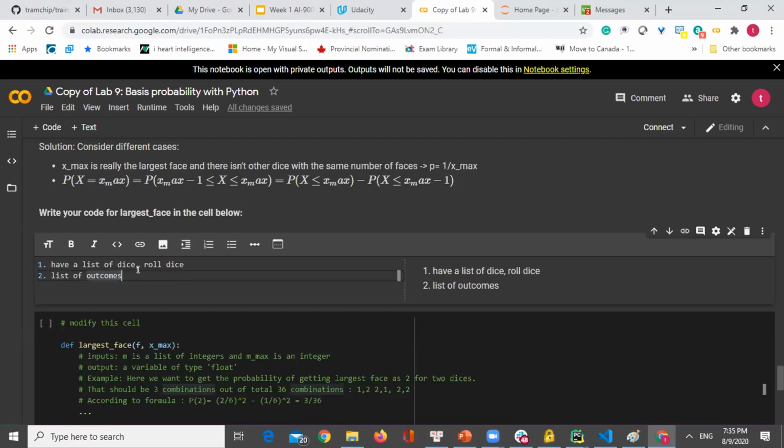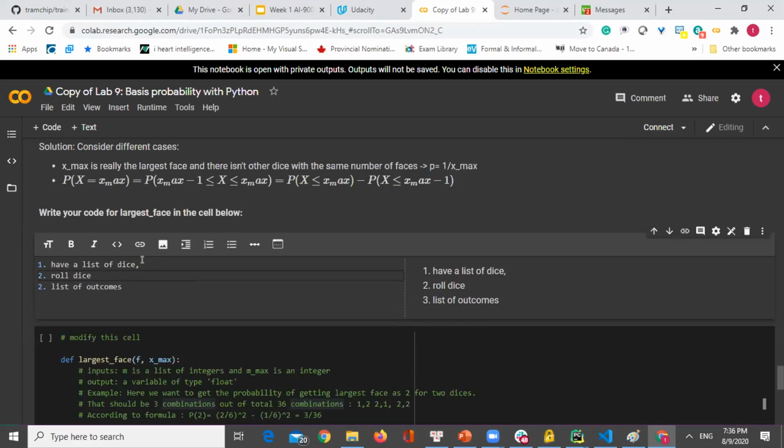So now the step is I get the list of outcomes, right? First, have a list of dice. Second, we roll each dice in the list of dice. Sorry, what did you say? Roll each dice in the list. Roll each die? We roll each dice in the list.